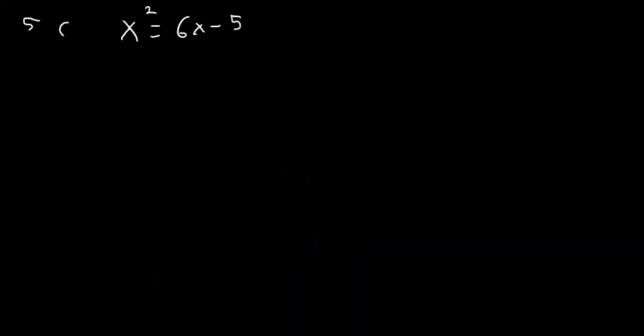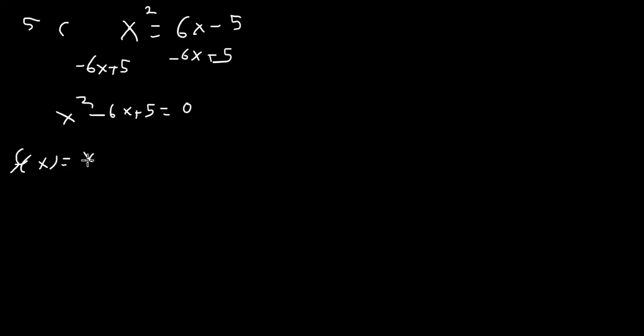For 5c, we have x squared minus 6x equals 6x minus 5. First, we're going to add negative 6x plus 5 to both sides. This will give us x squared minus 12x plus 5 is equal to 0. Now let's set f of x to be x squared minus 6x plus 5. Then the vertex is going to be negative b divided by 2a, and then f of negative b divided by 2a.